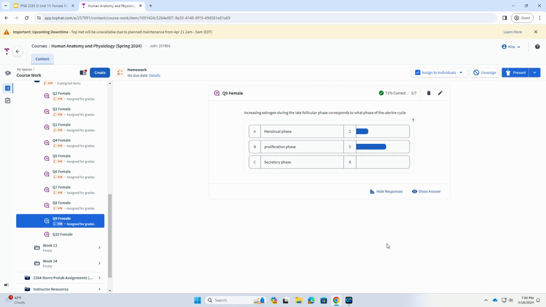Okay, so increasing estrogen corresponds with building the stratum functionalis, which is the proliferation phase. The menstrual phase, I believe, is triggered by low estrogen because it's at the beginning of the follicular phase. And then the secretory phase is triggered by an increase in progesterone that leads to that nutrient broth.